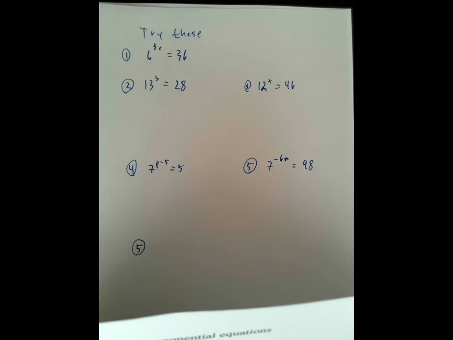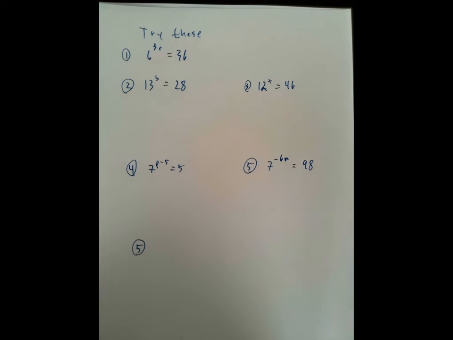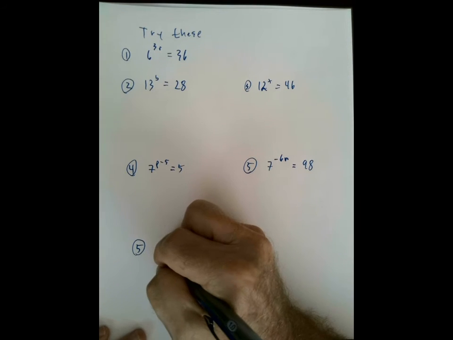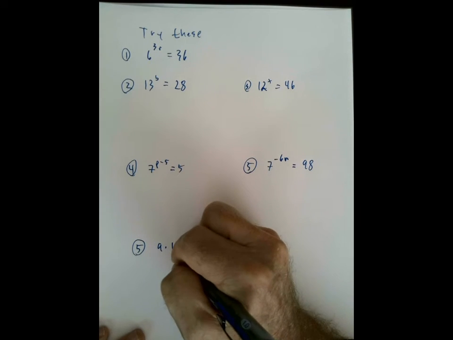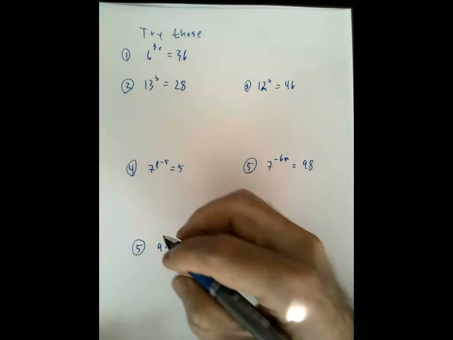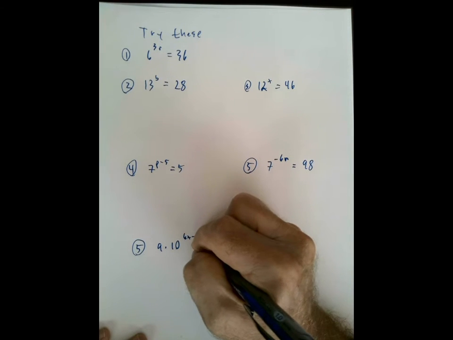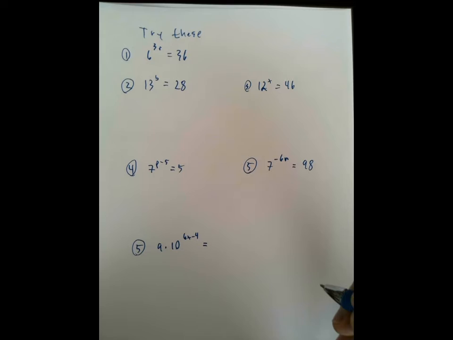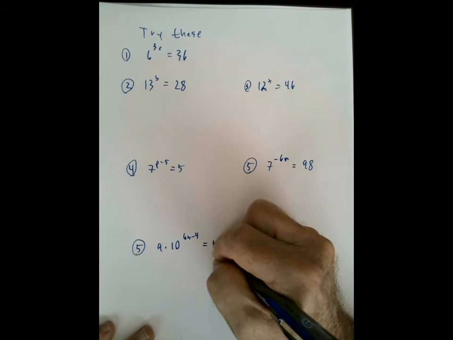Number 5. How about 9 times 10 to the 6x minus 4 is equal to 53.